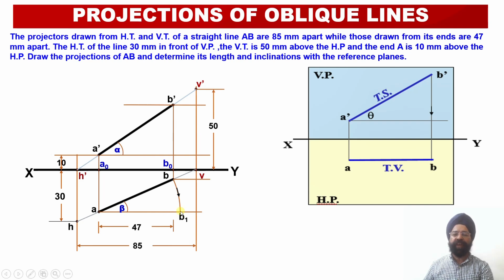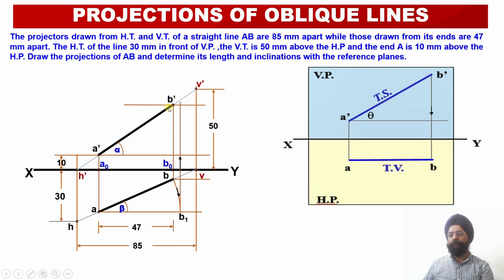So let me draw this vertical projector line. This vertical projector line, once again, is starting from B1. Wherever it intersects with the B dash locus line, point B1 dash will be located. So we are moving from B1 to point B1 dash over here. This is the direction of movement of this vertical projector line.